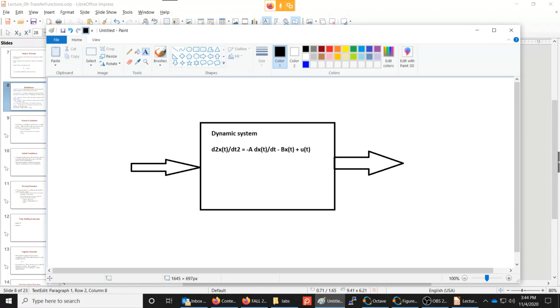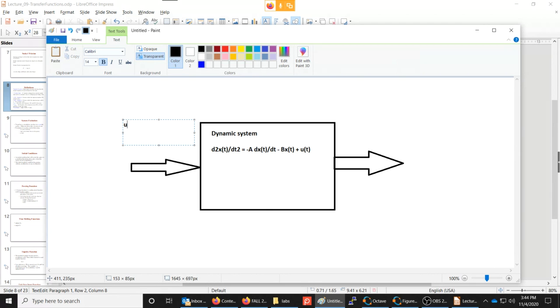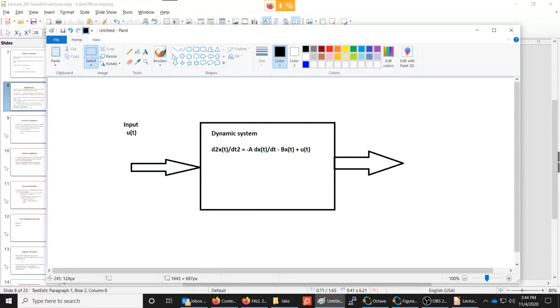All right. And so what we want to see here is we've got our u of t, which is our input. Okay, so this u of t here is our input, and then our output is simply x.